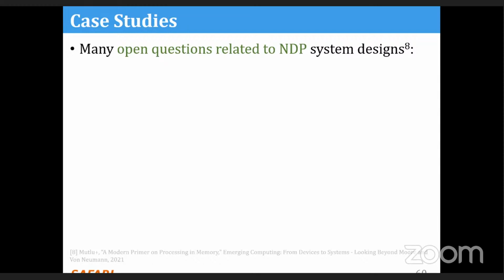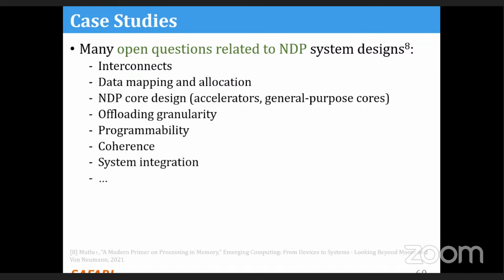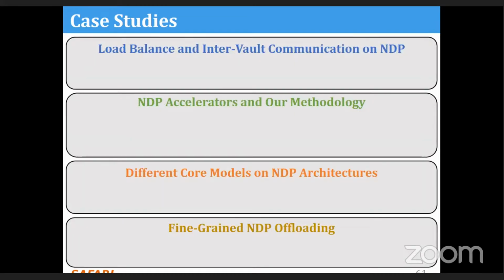We have an open source simulation infrastructure, an open source benchmark suite, and we are also proposing a methodology to analyze the workloads and see which of them can be more PIM suitable or less PIM suitable. There are many different things yet to study, and all these things are in the book chapter that we have mentioned several times over the course of these lectures. These are some examples of the case studies, like, for example, load balance and inter-vault communication on NDP.